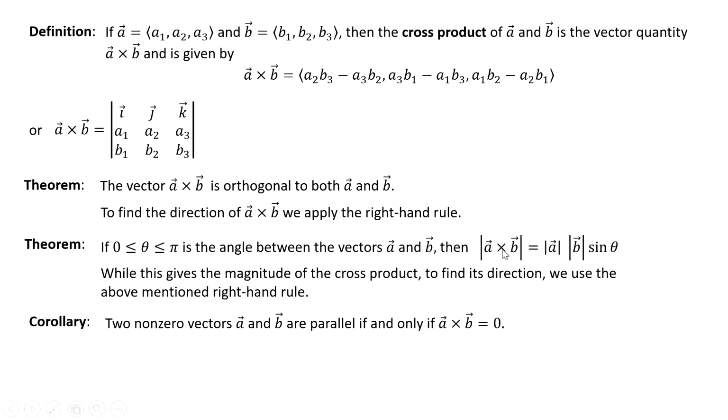So if you go to this equation, the left hand side is 0. So 0 equals magnitude of A times magnitude of B times sine theta. Would you agree? If A cross B is equal to the 0 vector, then the magnitude of that vector must be 0, making the left-hand side 0. So we have magnitude of A times magnitude of B times sine theta is equal to 0.